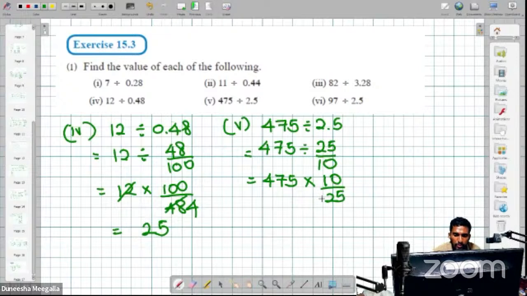How many 25s are there in 475? For 500 it is 20, so for 475, how many? 19. 19 multiplied by 10 is 190. Yes.